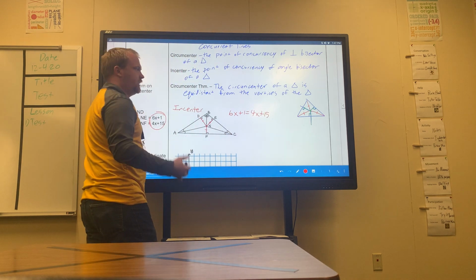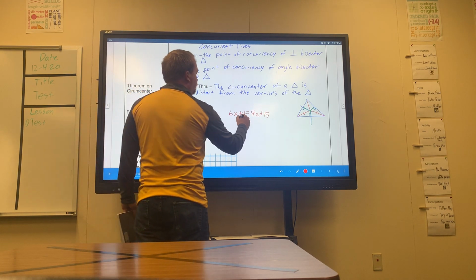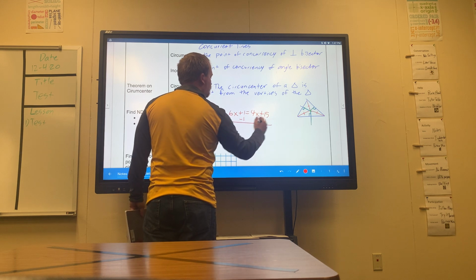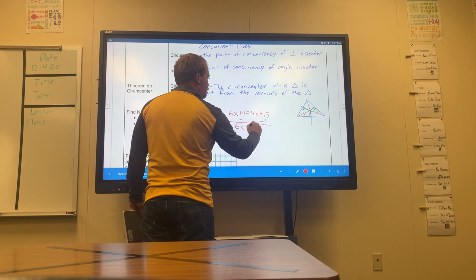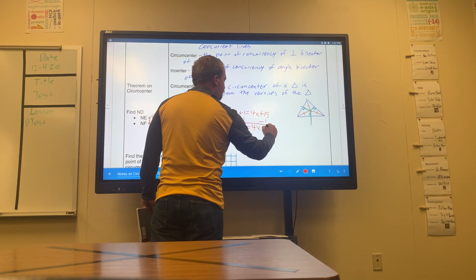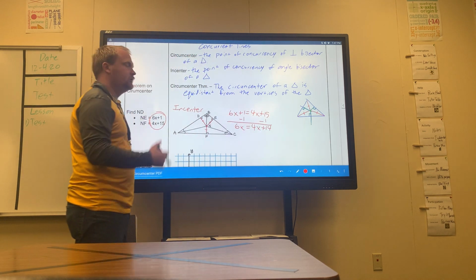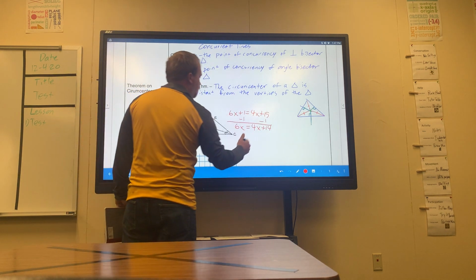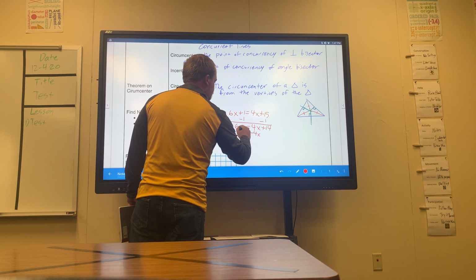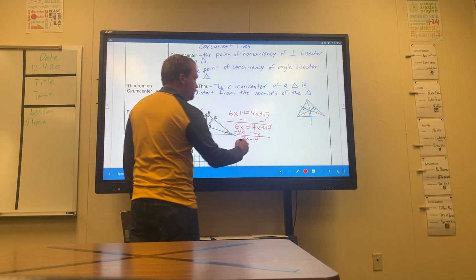And then I just solve for X. So I subtract 1 from both sides. 6X equals 4X plus 14, my fault. Now I got to subtract 4X. 2X equals 14. Then I got to divide by 2.